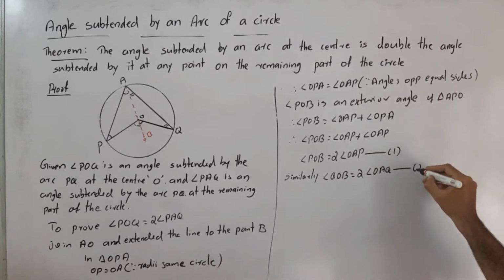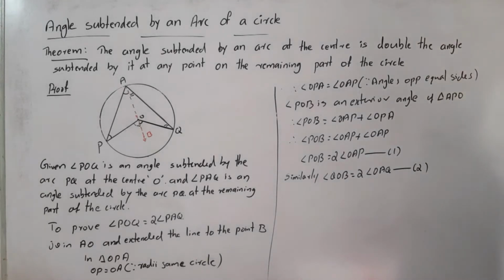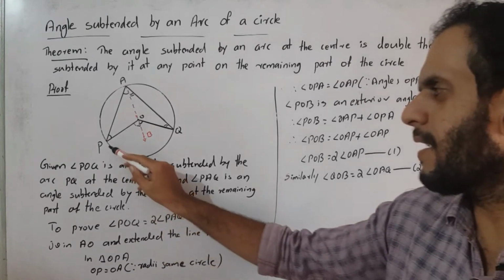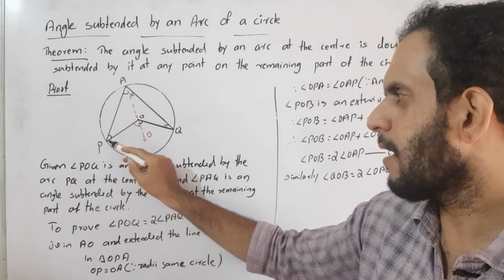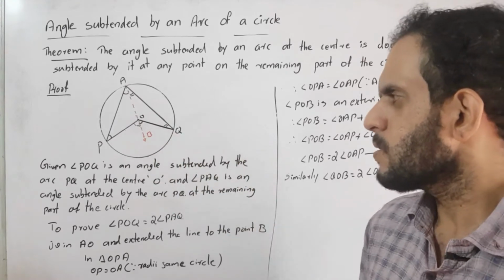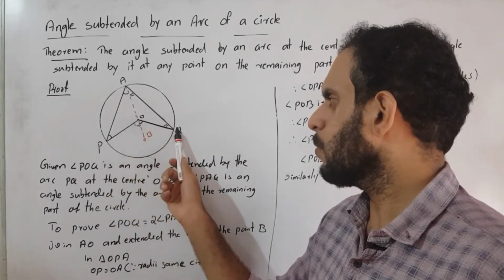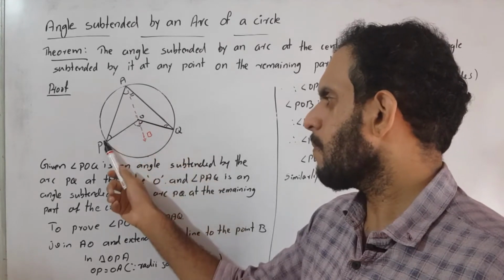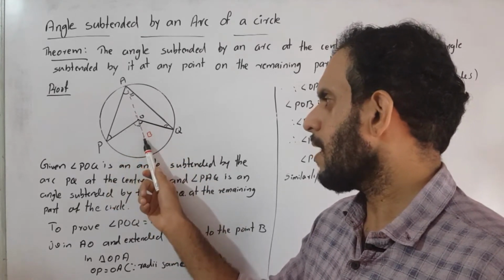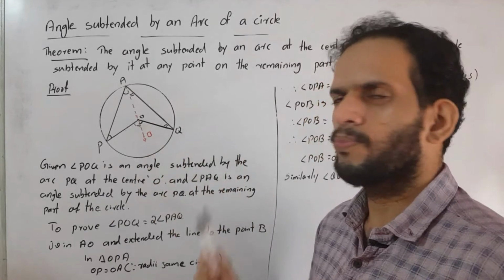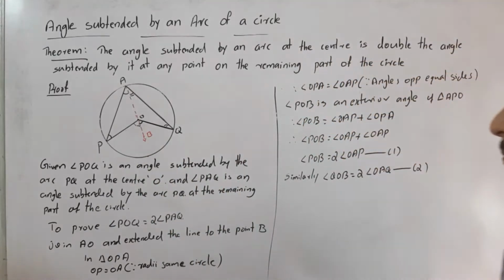That is equation 2. Okay, then we got equation 1 and 2, but in the final result we want to get the angle POQ. So in the figure it is very clear what angle POQ is. Angle POQ is the sum of POB and BOQ, correct? POB and BOQ.